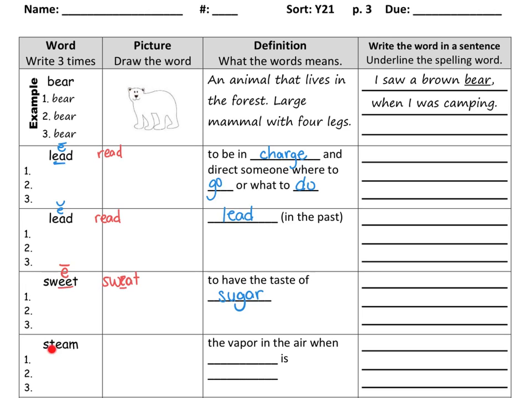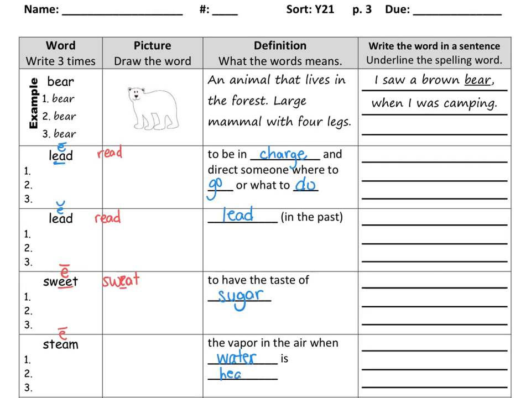The next word is steam. Here, EA, we have the long E sound. Steam is the vapor in the air when water is heated. So what happens in the air when water is warm or heated?